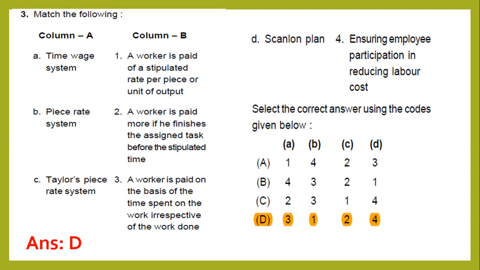Here a worker is paid more if he finishes the assigned task before the stipulated time. Then we have D, Scanlon plan. So for Scanlon plan, the option is 4, ensuring employees' participation in reducing labor cost. So that is how the option is to be selected. So for the third question, the answer is D, 3, 1, 2, 4.